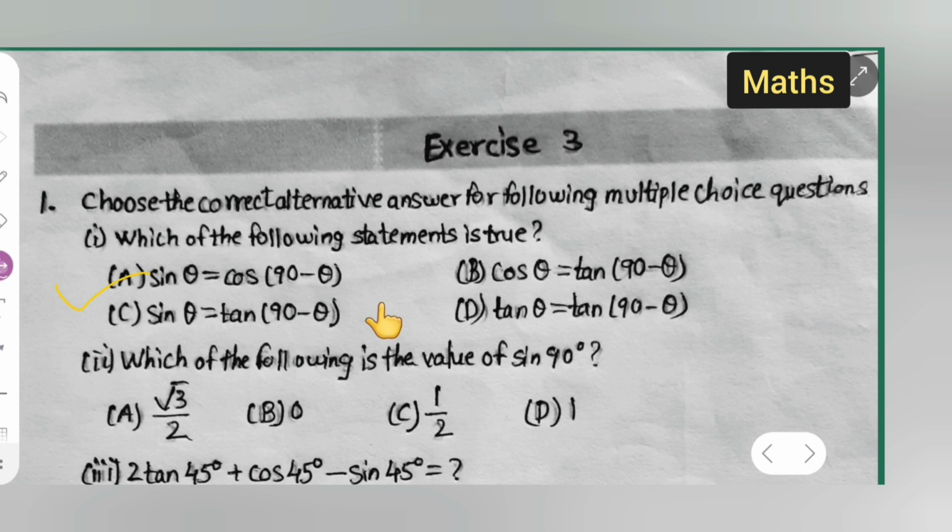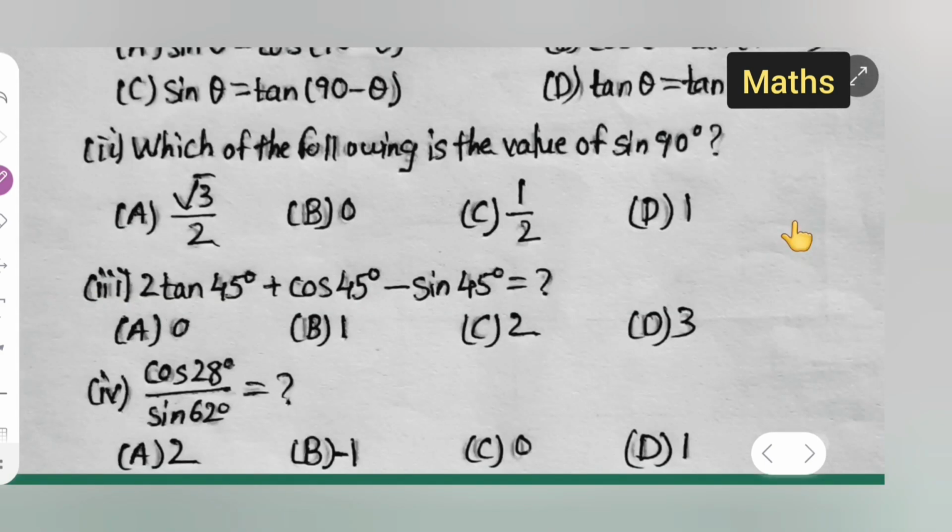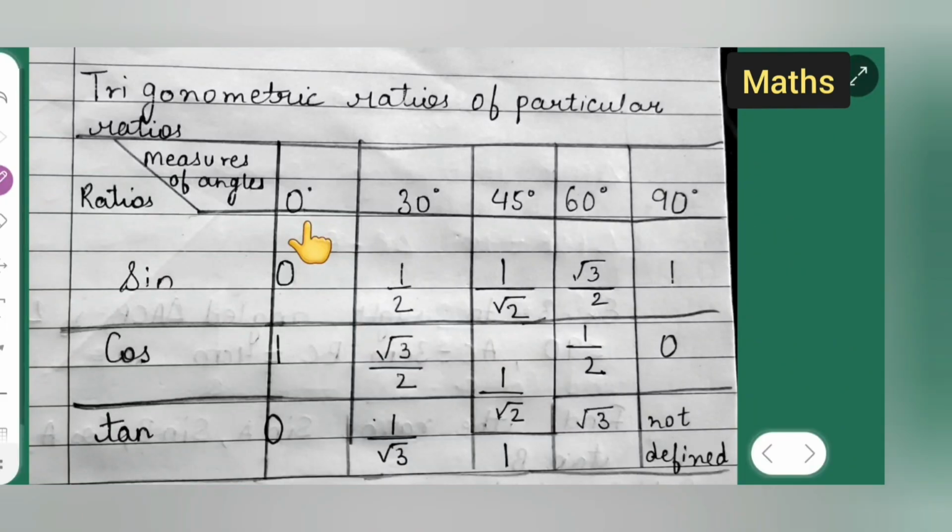Next, let us see which of the following is the value of sine 90 degree, okay? For this, we can check in the trigonometric table. So let us start. So let us see sine of 90 degree, right?